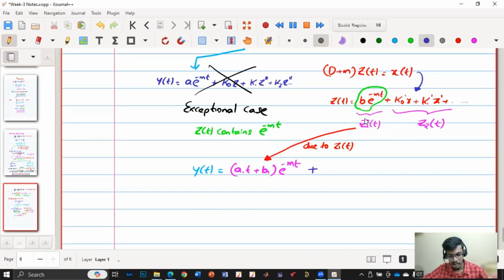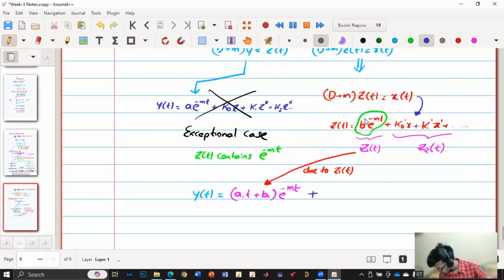So my other part will be some a2 into e to the power minus mt plus k naught x plus k1 x dash plus k2 x double dash plus up to so on, right? Do you agree?